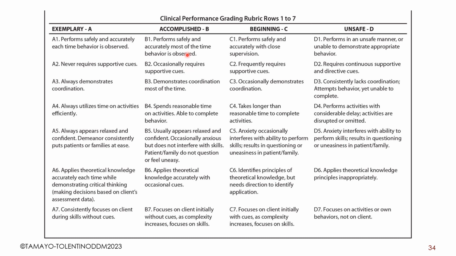For accomplished, ito. For beginning, ito. For unsafe, ito ang mga standards. So, hindi siya per criteria. So, as you can see dito sa grading rubric, holistic grading rubric, walang criteria na nakalagay. No? Yung kabuuan ng performance ang ina-assess with the use of holistic grading rubric.